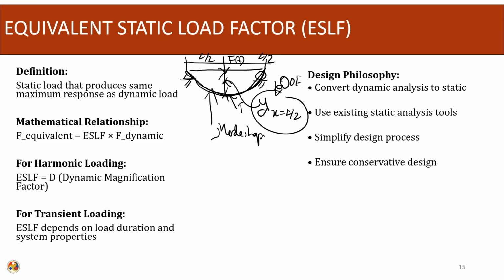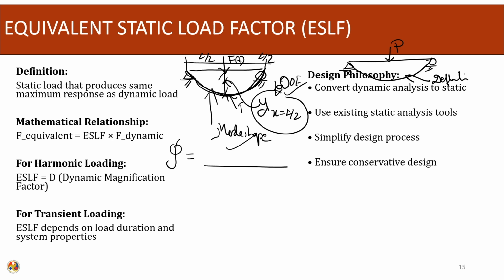So, we choose the mode shape, we choose the location of the degree of freedom. From there we made our shape function. We used the same system, applied a static load P, and calculated the deflection profile.